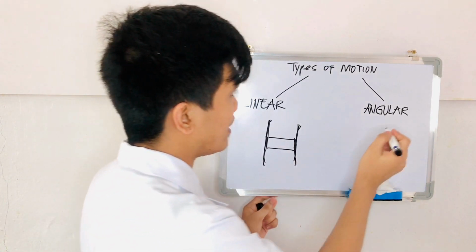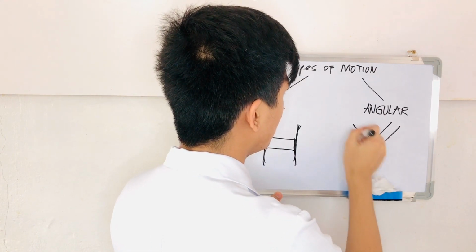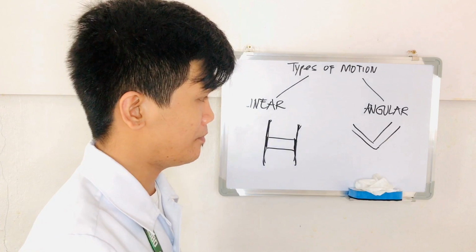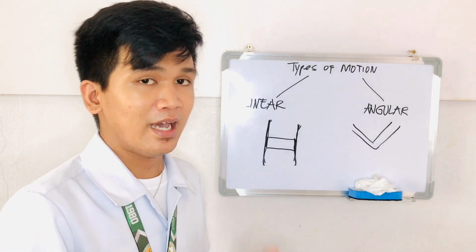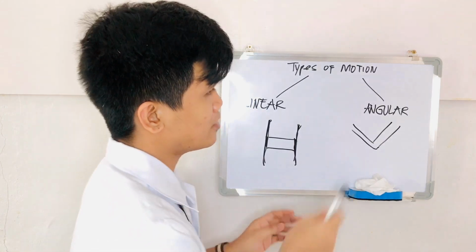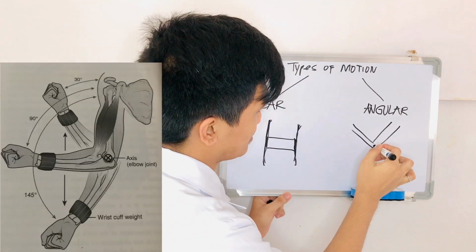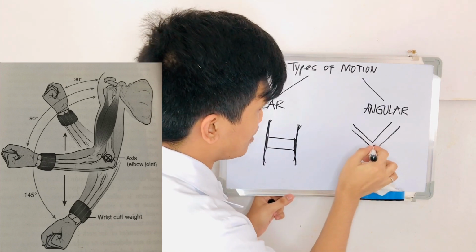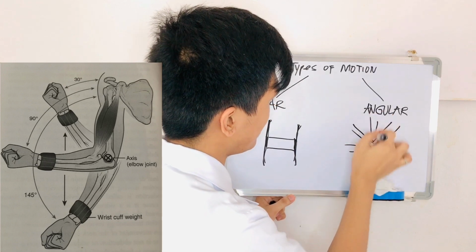For example, we have elbow flexion. So take note also that angular motion has different velocities related to its axis of motion. So this is the axis, the elbow joint. And then elbow flexion will start from here, let's say here to here, and then here.